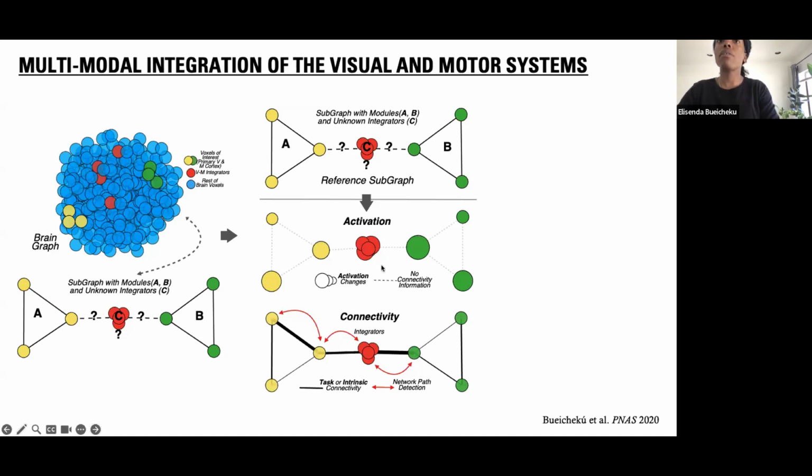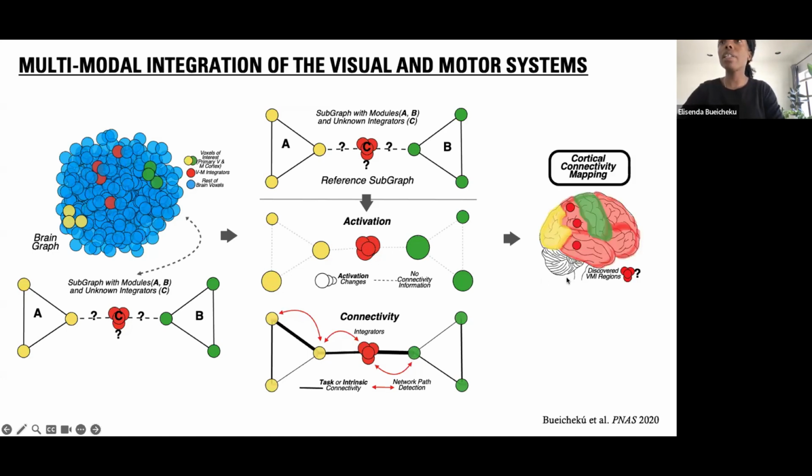So we couldn't find out the red nodes. So we use task connectivity and resting state connectivity to research the relations behind the activation of the different nodes in the primary visual cortex and the primary motor cortex, and how these two different modules of the brain were integrated. And finally, what we obtain is a map of the visual areas, the motor areas, and we discover where the integrators were located.